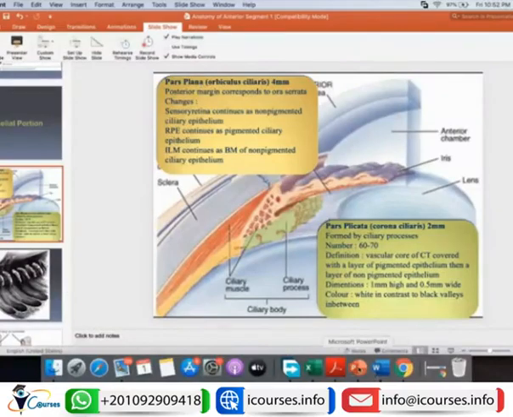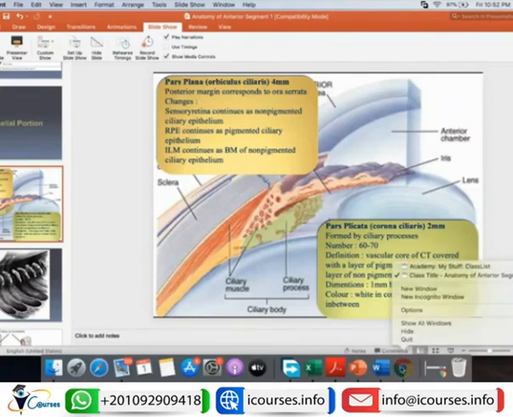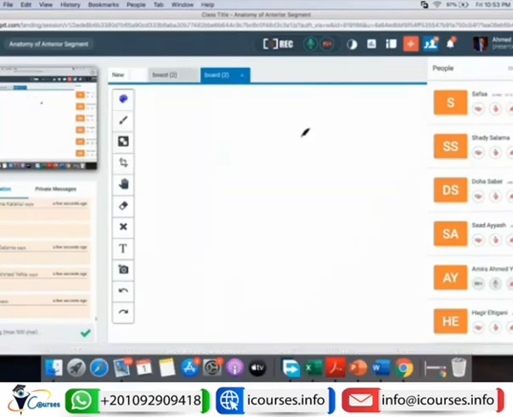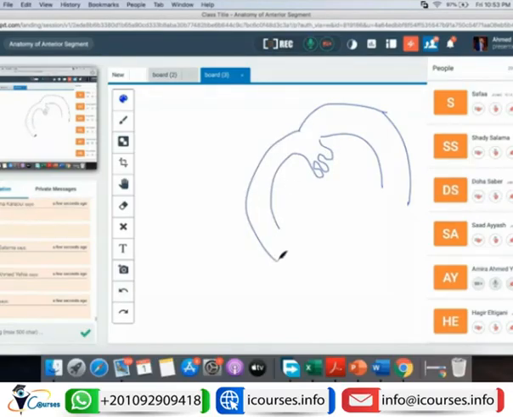Let's draw it to have a better understanding. If we imagine that this is the cornea, and this is the ciliary body, and the ciliary body is continuous with the retina. So what are the changes that occur here?